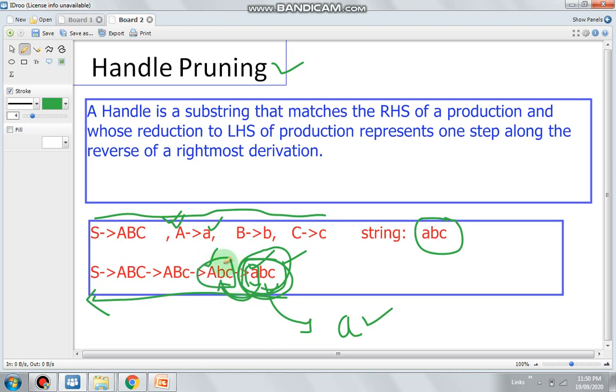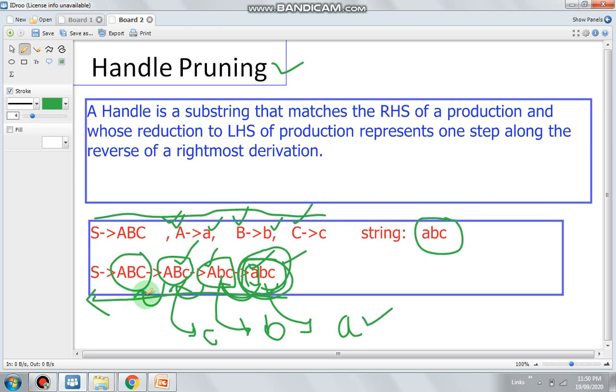If I replace this small b by capital B, the left hand side of the matching production rule, you can go one step back in rightmost derivation in reverse order. Again in this string handle is C, because if you reduce small c by the matching production rule, that means capital C on the left hand side, you can go one step back in rightmost derivation in reverse order.